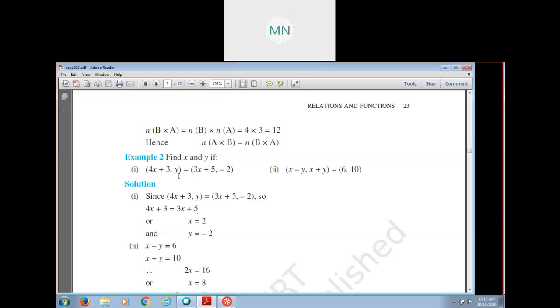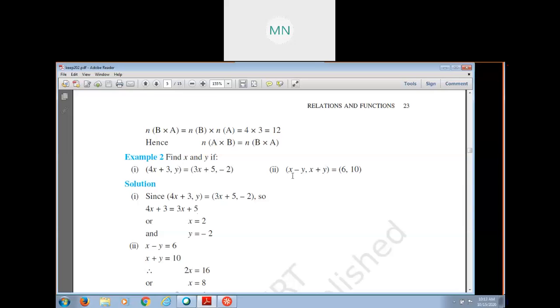And then y is what? Without any calculation, we can directly say the value of y. Now tell me, what is the value of y? y is minus 2. Yeah, correct.